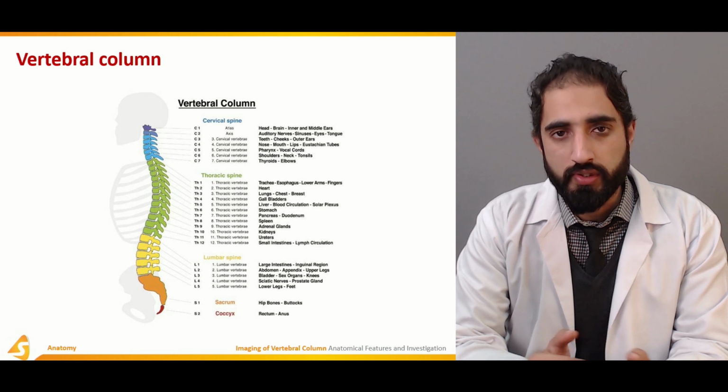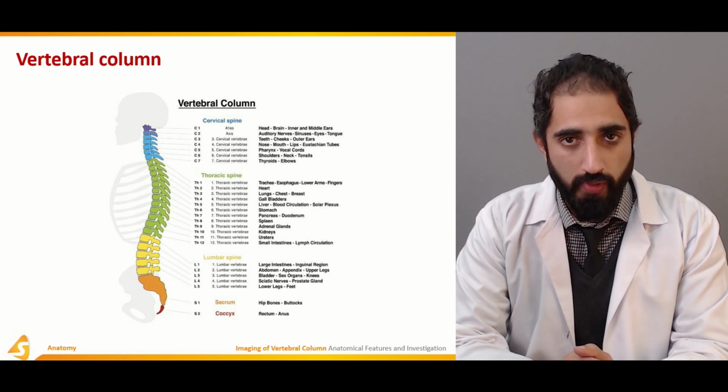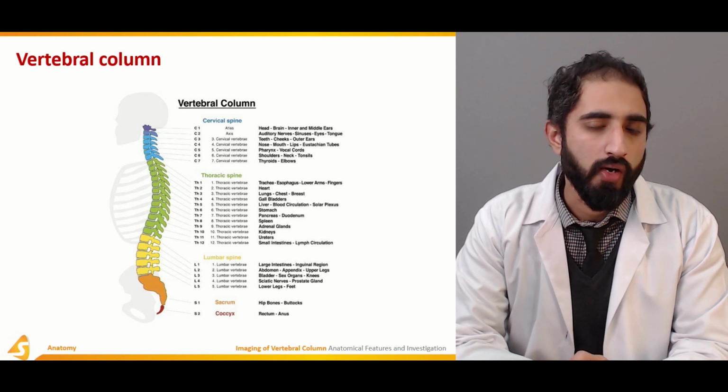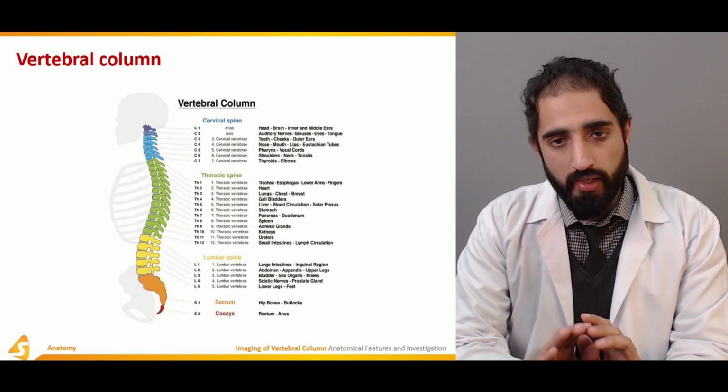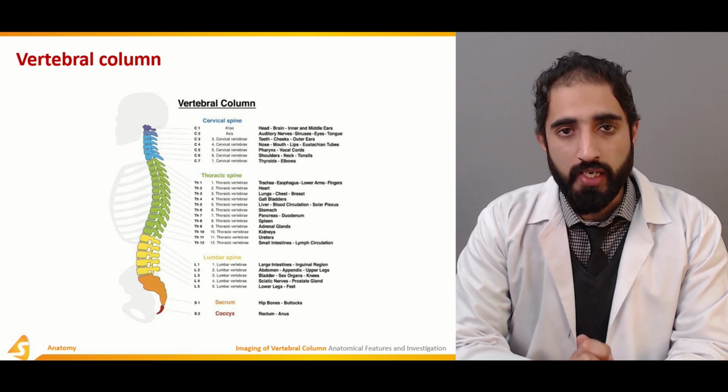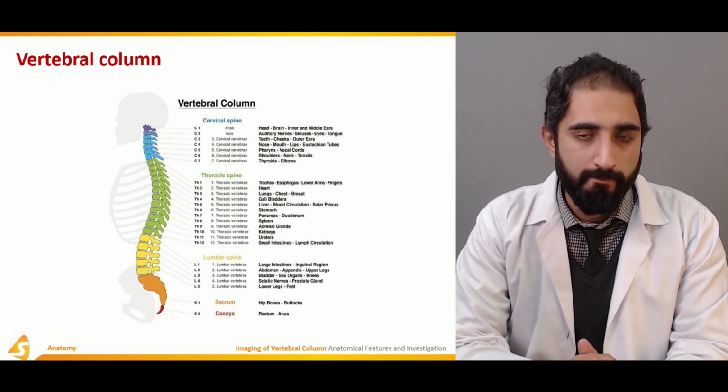So these 24 segments, which are cervical, thoracic, and lumbar spine, are the mobile part of the vertebral column. And that is why they are separately known as pre-sacral vertebrae as well.